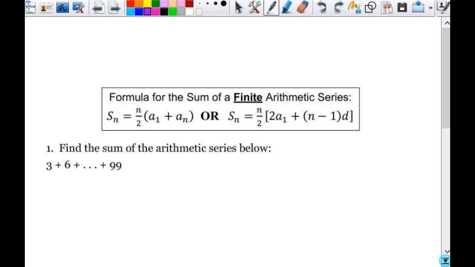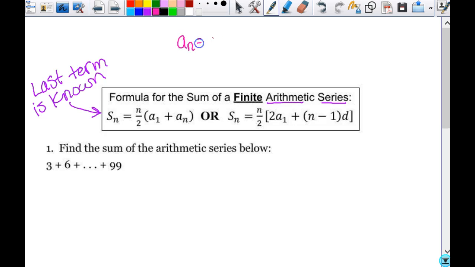All right, so this is the formula for the sum of a finite arithmetic series, not just any of them. There's two different ones here. This one right here is for when the last term is known, so I know what a sub n is. If I don't know what it is, I can find it. To find a sub n, that's just a1 plus n minus 1 times d.